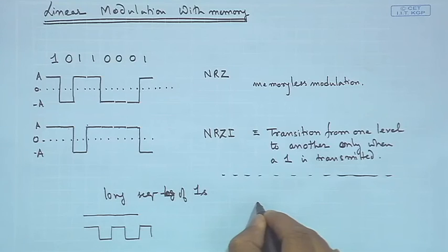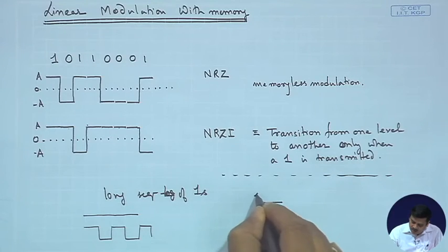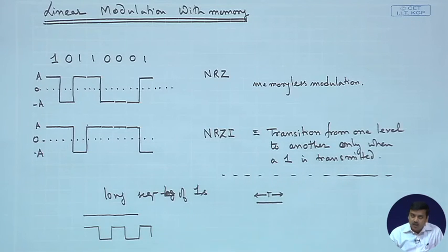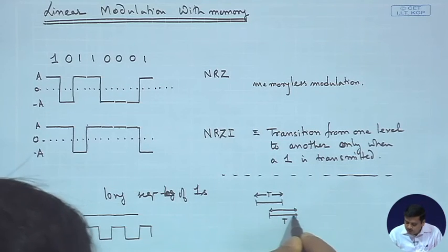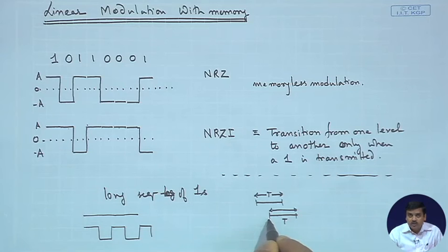Well, you could argue that the receiver has a clock which generates T, that is true, but now if you look at this, let this be the duration T, and the receiver generates a duration T. Although these lengths are the same, there is no way to identify what is the starting point of the bit. The receiver can only produce a duration of T, but it needs to know the starting point.